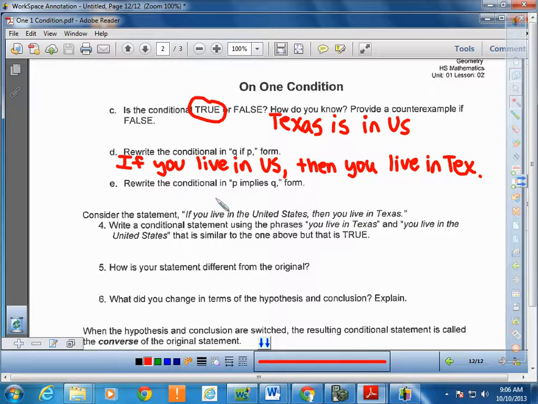Rewrite the conditional statement in P implies Q. So they want you to turn it around. They want you to put the hypothesis last and the conclusion first. So they want you to say, if you live in Texas, then it implies you live in the U.S.